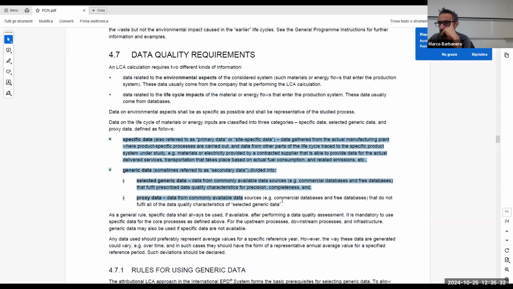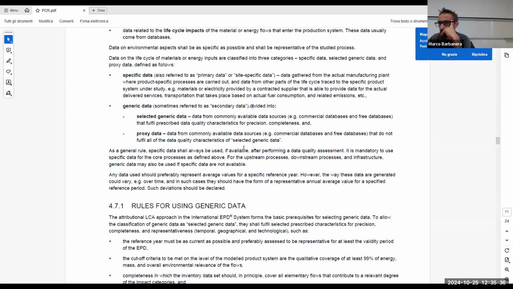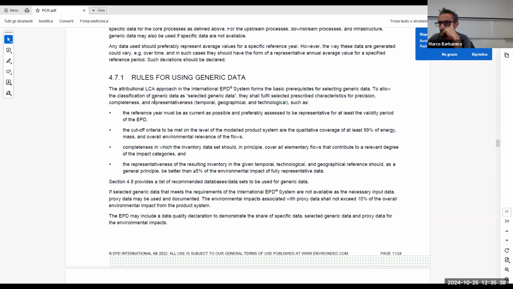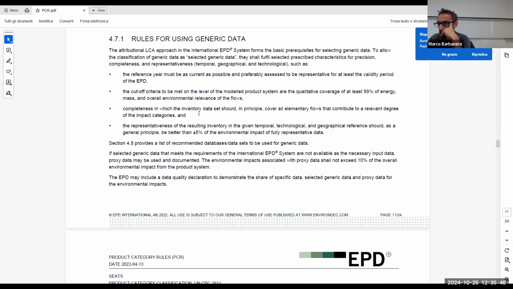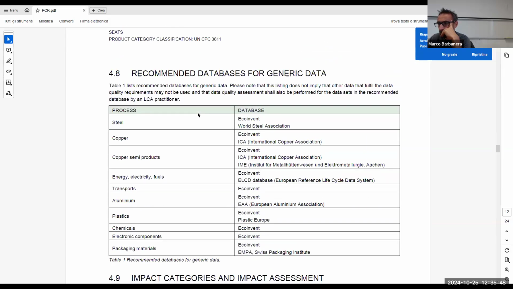You can see the definition of specific and generic data. You can have the specific rules for using the generic data, as we have said in the slide. And also you can see, for example, the recommended databases for generic data.